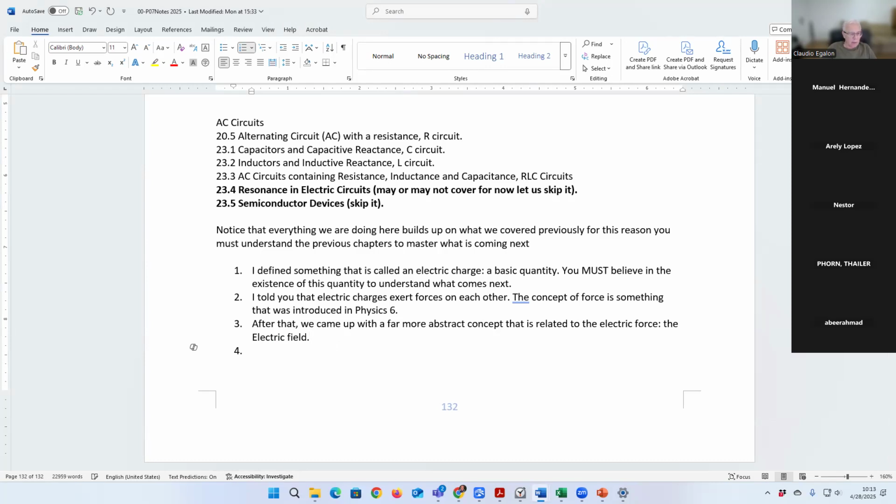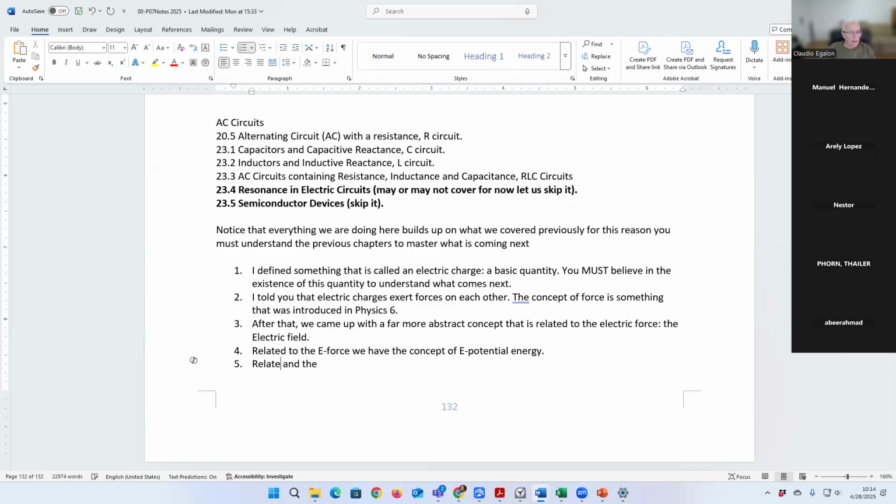Related to the electric field, we have the electric potential energy. Related to the electric force, we have the concept of electric potential energy.